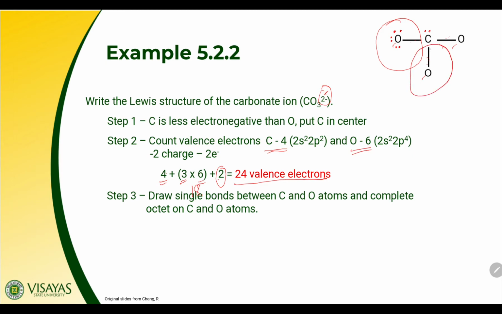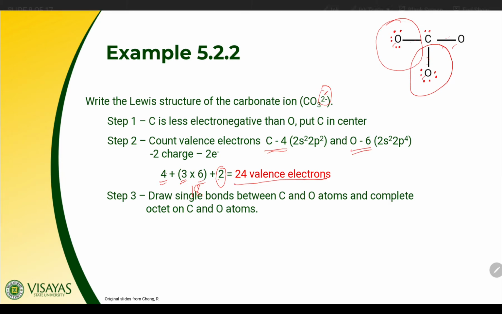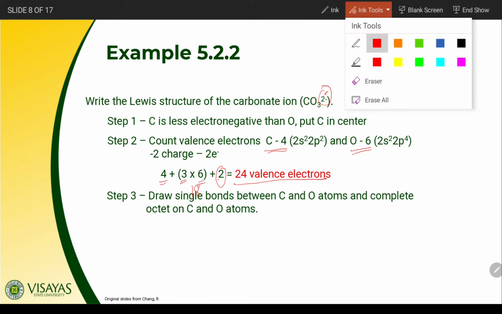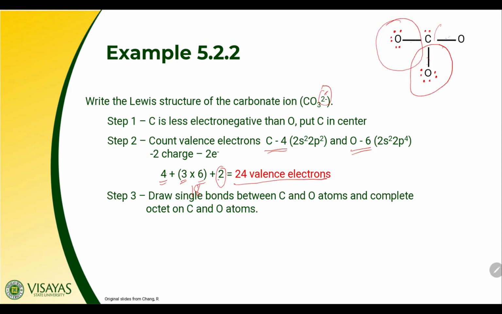It has a single bond, so it has 2 electrons at the moment. It needs 6 additional electrons or 3 lone pairs to complete its octet. And for this oxygen atom to complete its octet, same, we need to add 3 lone pairs.